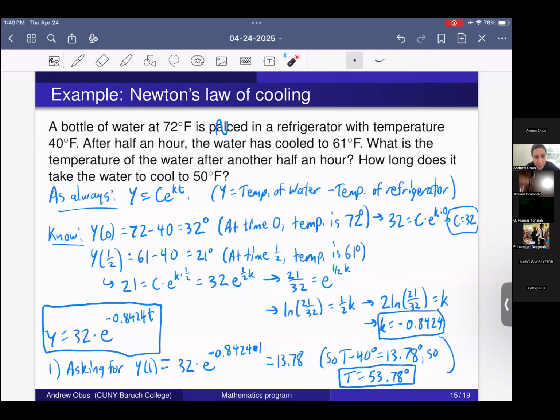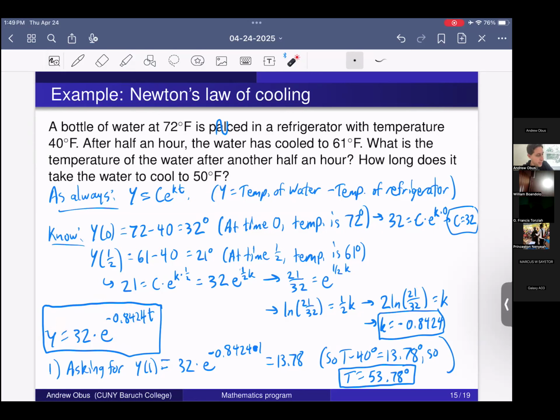And then the question is, how long does it take the water to cool to 50 degrees? Well, remember, when the water is 50 degrees, the refrigerator is 40 degrees, so that means y is 10. So we need to solve this equation for t when y is equal to 10.